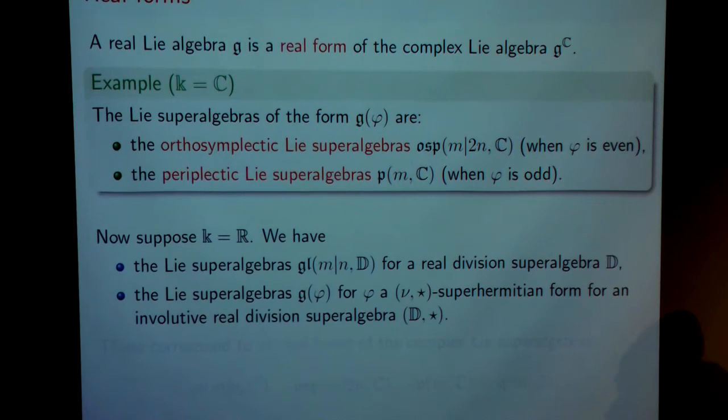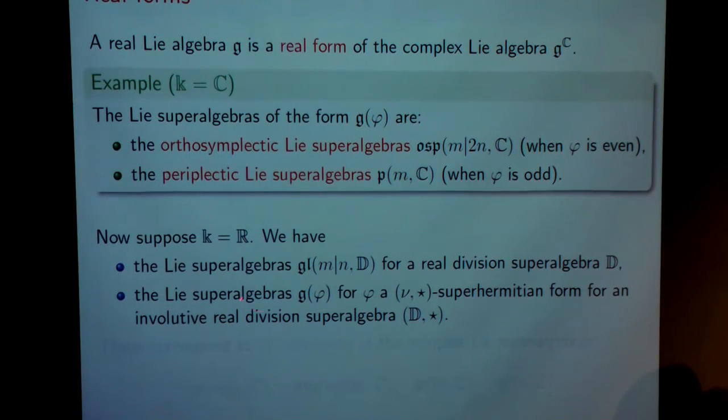Now, over the real numbers, you get a lot more, because there are a lot more choices for your real division superalgebra. So for the general linear, we can pick any of the 10 real division superalgebras here. I mentioned what they were before. And now with this super Hermitian form, we need an involutive real division superalgebra. So now there are just those 4 choices, but we can still choose any of those 4.